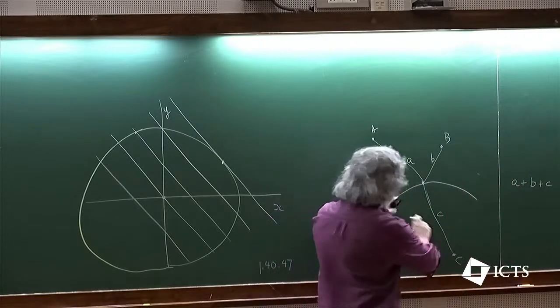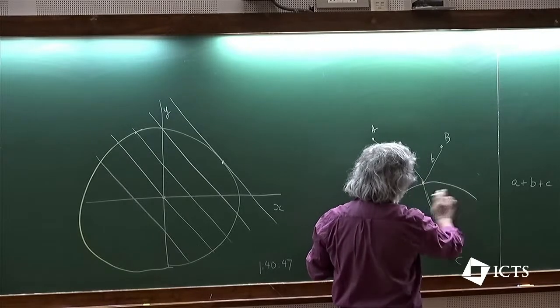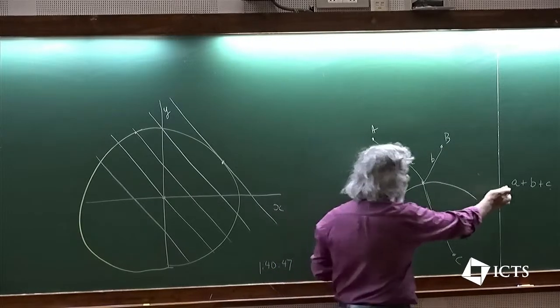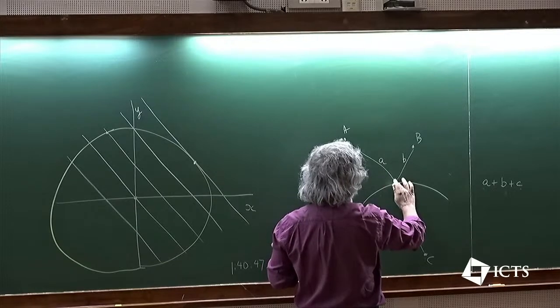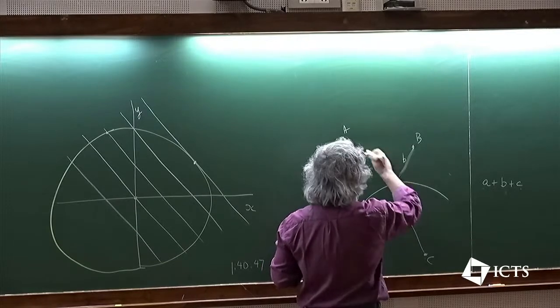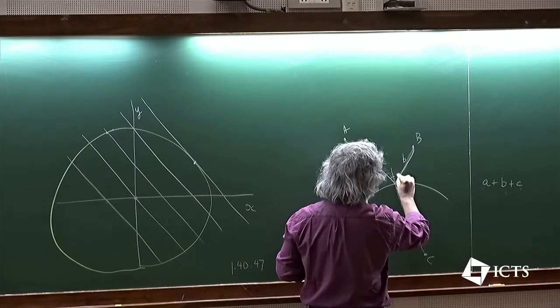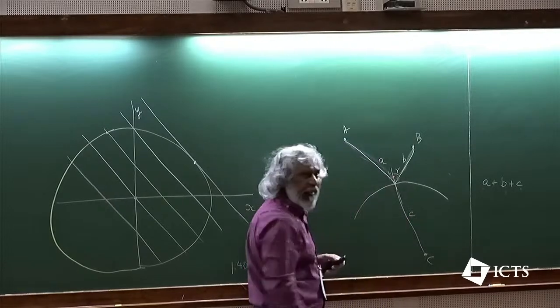But then if I look at only points which are on the circle of radius c, c is going to be a constant. So I have to minimize A plus B. How do I minimize A plus B? I just have to make sure that the angle of reflection from here is the same as the angle of incidence. So this is I and this is R, and these 2 angles have to be equal to each other.